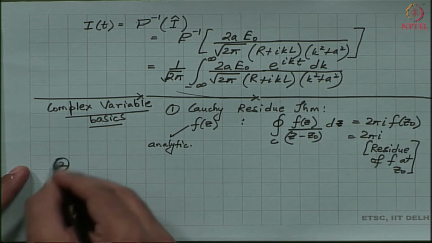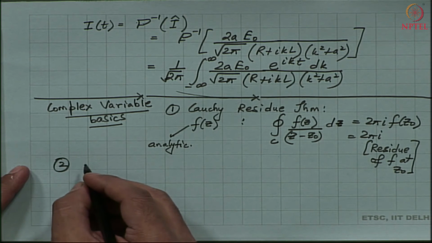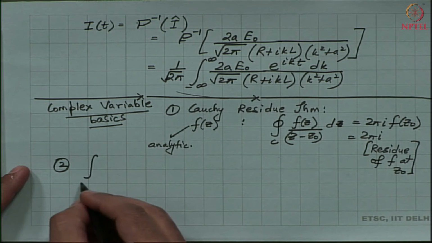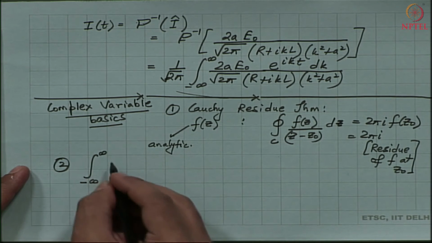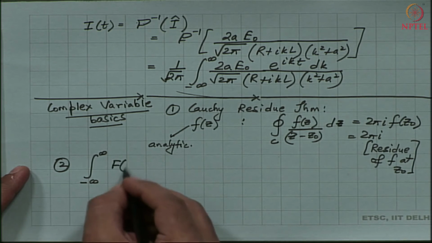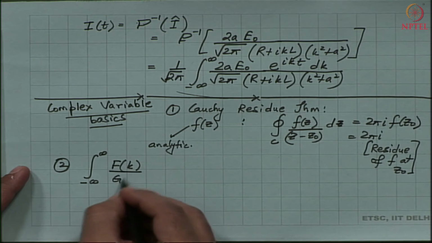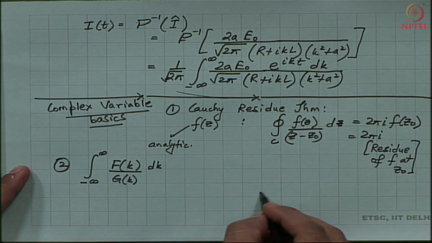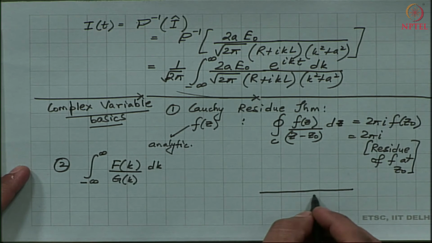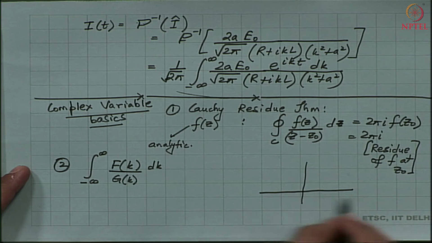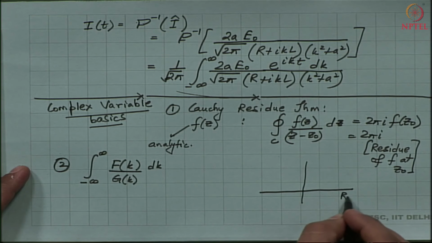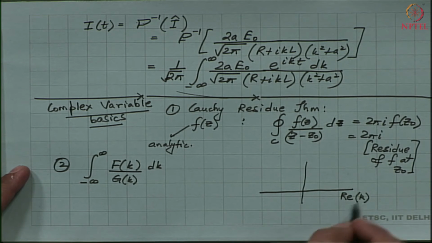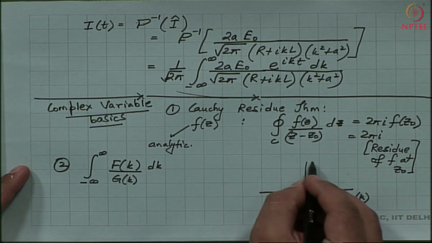Okay. Then the next result that is important for us is that we want to integrate integrals of this form, minus infinity to infinity of f of k by g of k dk. So, notice that this integral is of this form, over the complex plane. So, let me draw this. I am talking about a plane where I have the variable k being complex.